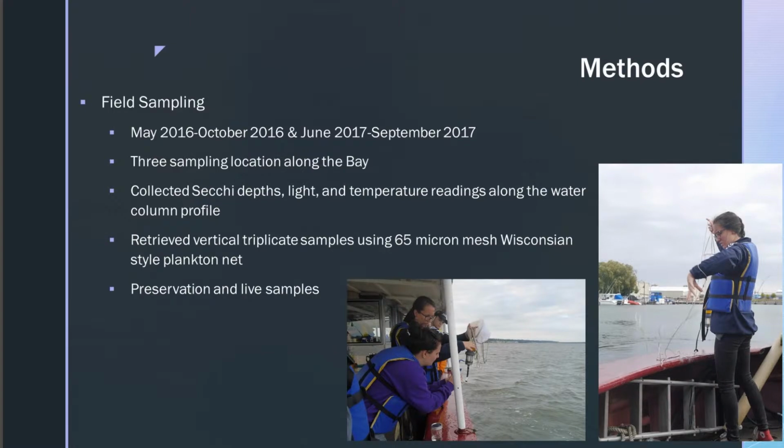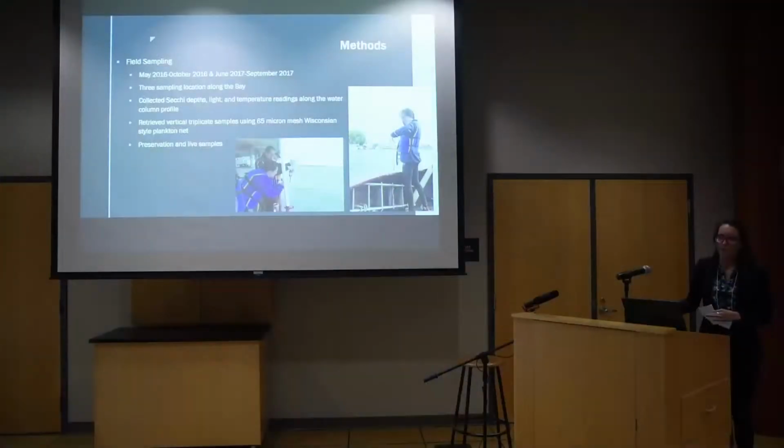And this year we decided to do vertical only because we saw the results and realized we could hone in on just the vertical to get a better reading of the communities. At each location we would take Secchi depths, light and temperature readings along the water column, and then of course we retrieved the samples.